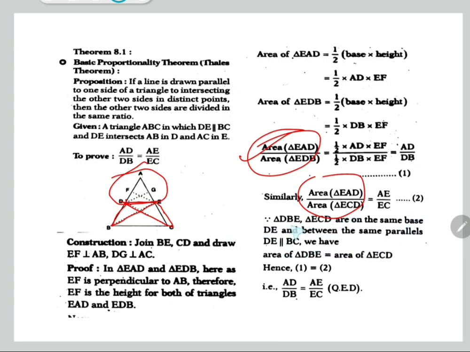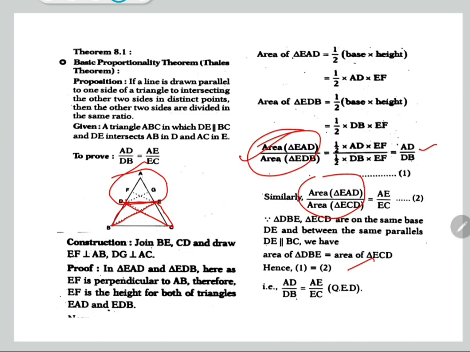From 1 and 2, ADBE and AECD are on the same base DE, and between the same parallel lines DE and BC we have the area of DBE is equal to the area of ECD. ఈ రెండు సమానంగా రాసుకున్నాం. Hence from 1 and 2 we will get AD by DB is equal to AE by EC.